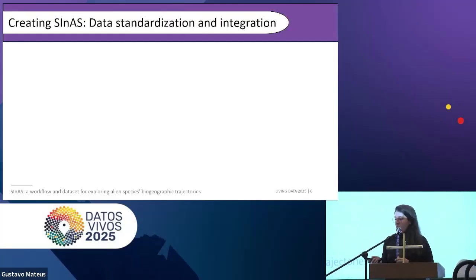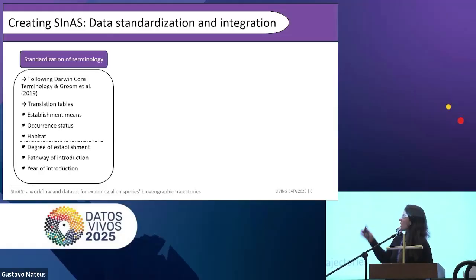After collecting all of this data, we standardize it. Those were the variables that we were interested in, and we standardized them using the Darwin Core terminology, which are standards for sharing biodiversity data, and also using the recommendations of Groom and his colleagues, which are more specifically about sharing data on alien species.